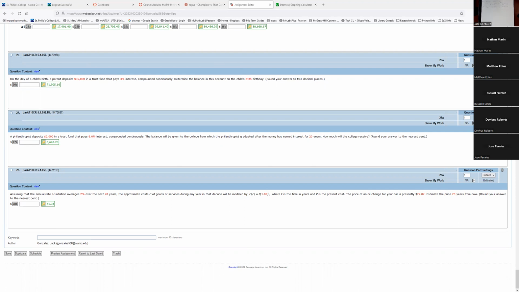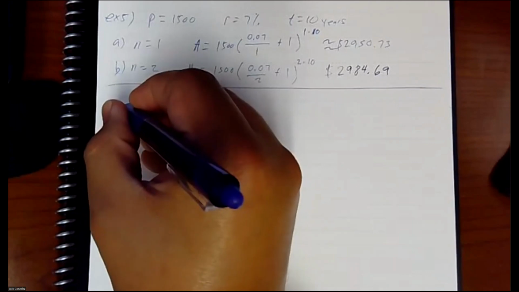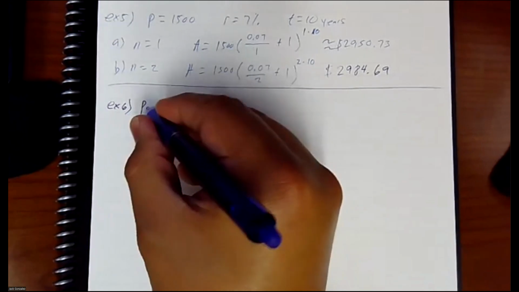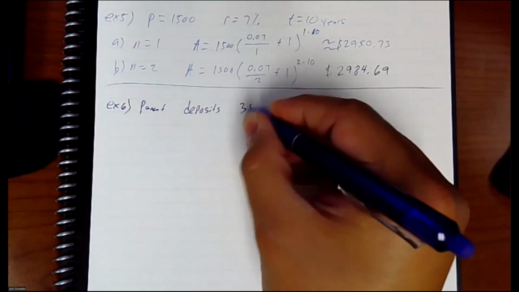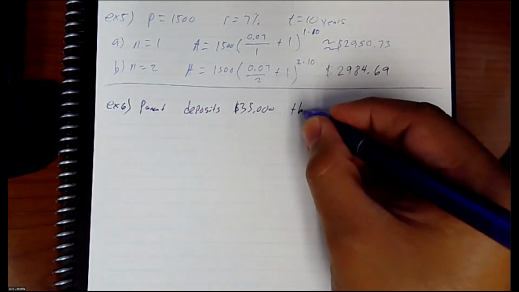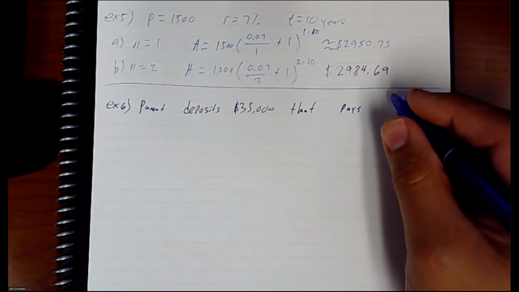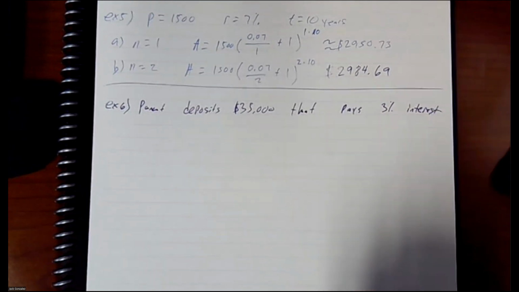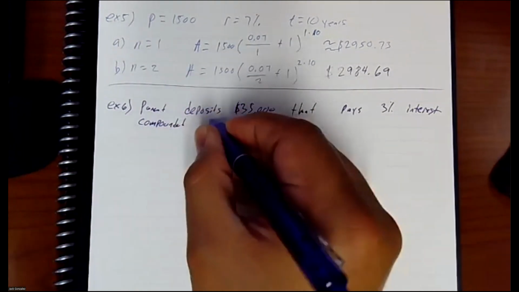So let's calculate it and see how it works. Okay, so example 6. Here I'm going to shorten the question. Deposits 35,000. That pays 3% interest. Compounded continuously.